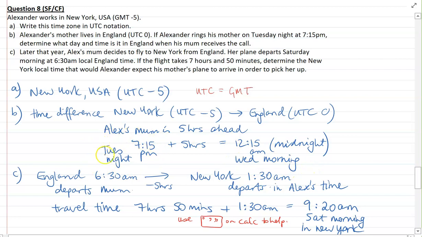So if Alex is calling at 7:15 p.m. on Tuesday night, if I add 5 hours onto that, that means his mum is receiving the call at 12:15 a.m., just past midnight on Wednesday morning.